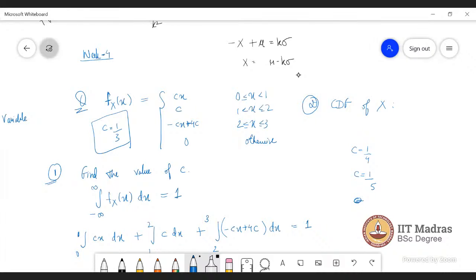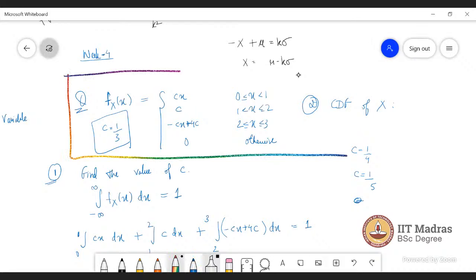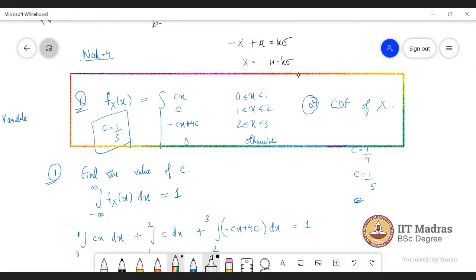So first you try to solve it, and then I will tell you how to do it. Okay. So this is your question: find the value of c, and find the CDF of x.